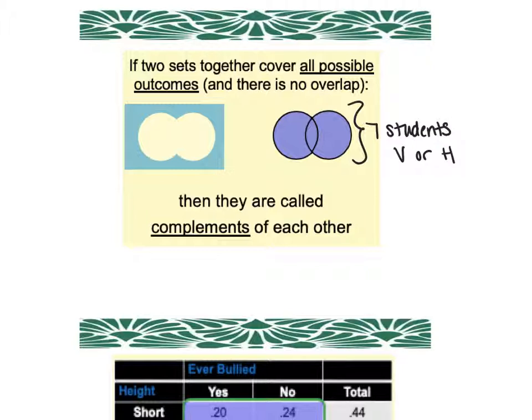And then outside of that Venn diagram, remember in this blue area right here, I had 3 students who weren't on either. So being on varsity or honor roll is the complement of not being on varsity or not being on the honor roll. They would be complements of each other.